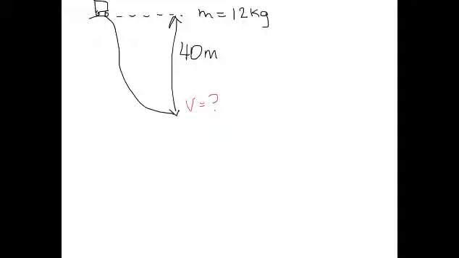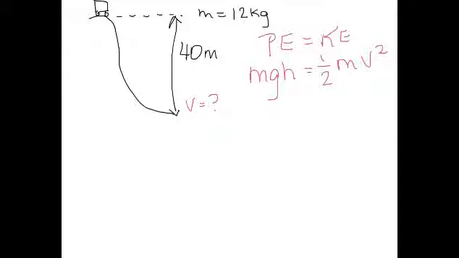Conservation of energy says potential energy is equal to kinetic energy. So mgh equals kinetic energy, which is 1/2 mass times velocity squared. So we put in our numbers. We know our mass is 12.